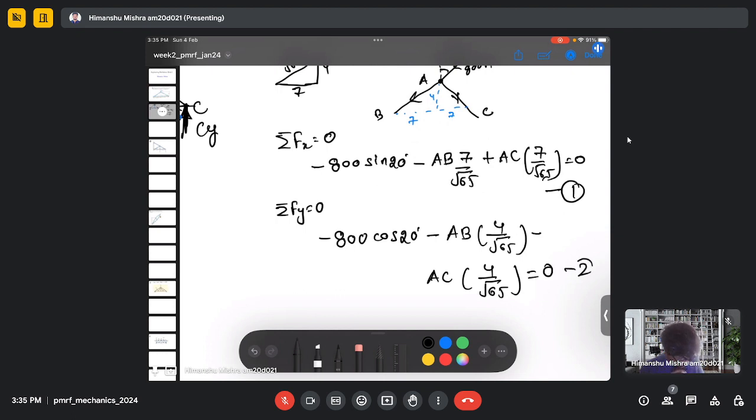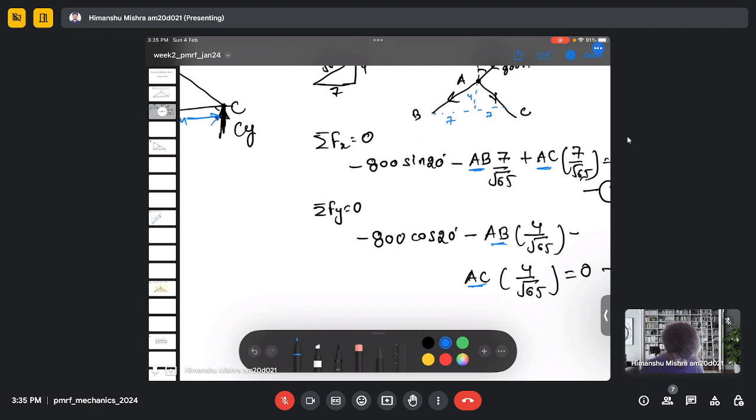And this is my equation 2. Now we can see that we have two equations and two unknowns, AB and AC. So we can find the forces AB and AC from these two equations.